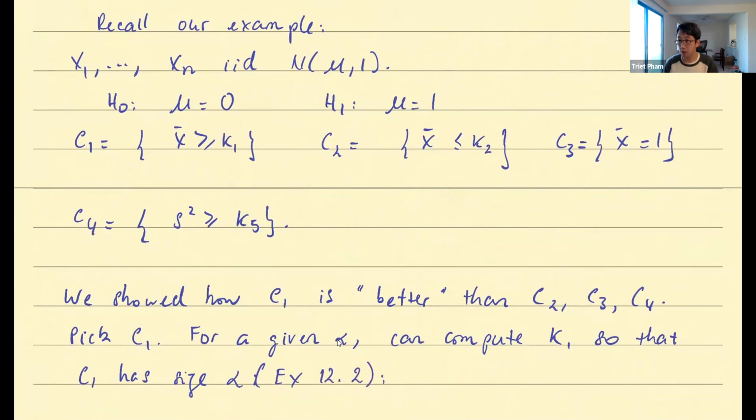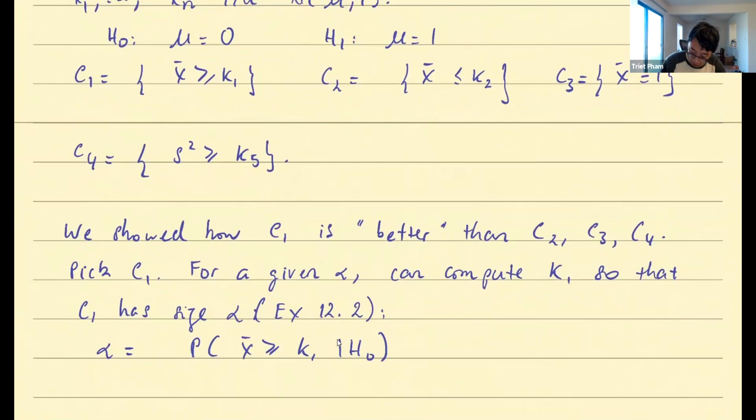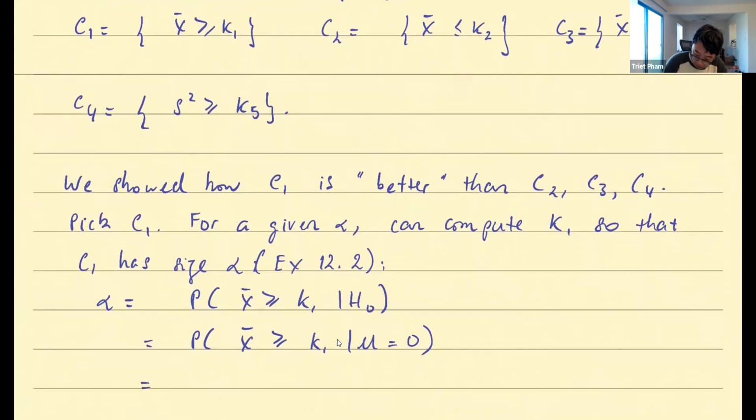So to remind you roughly of how the calculation goes, it goes like this. Alpha would be the probability that C1 happens under the null. That's the abstract definition. But under a null, everything's completely specified. So we can just plug that into the distribution of X bar.